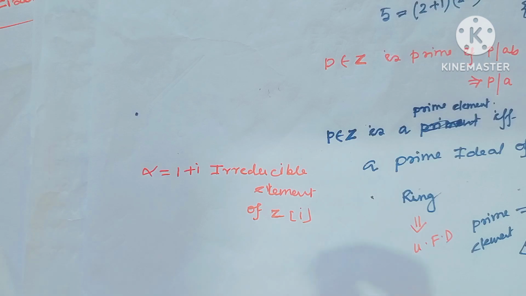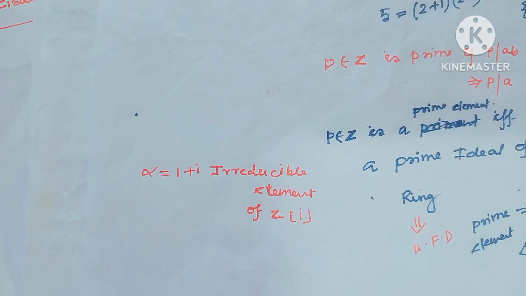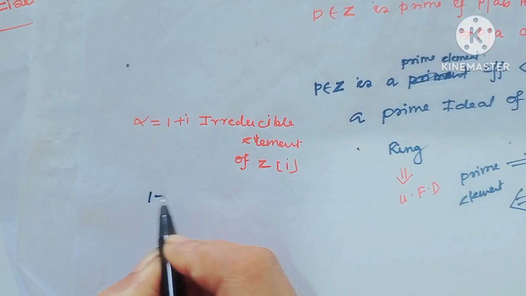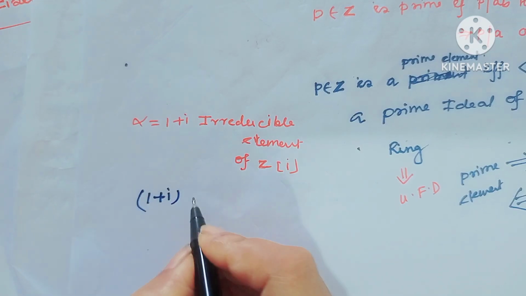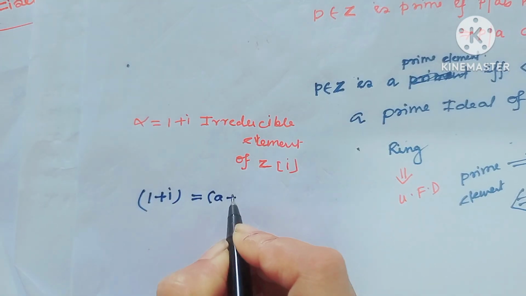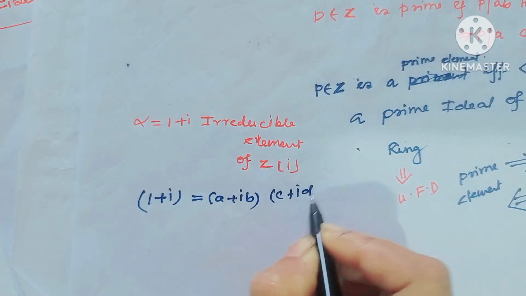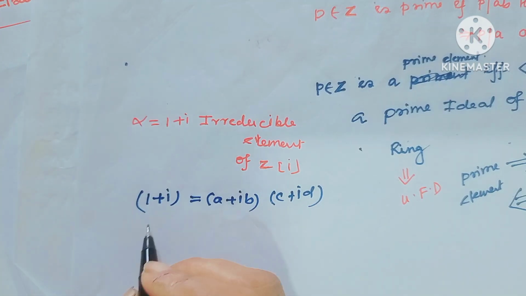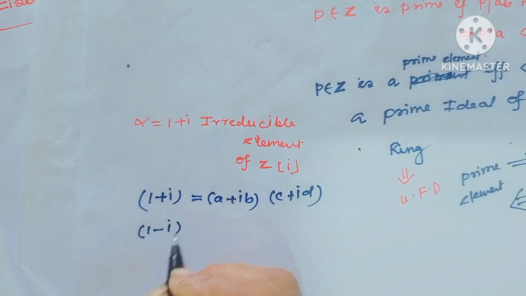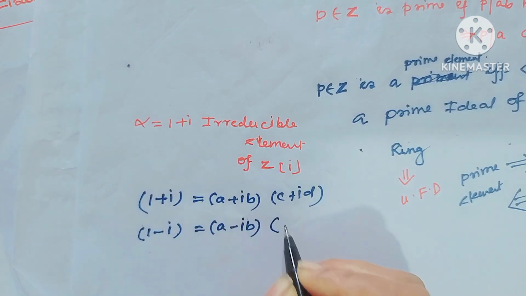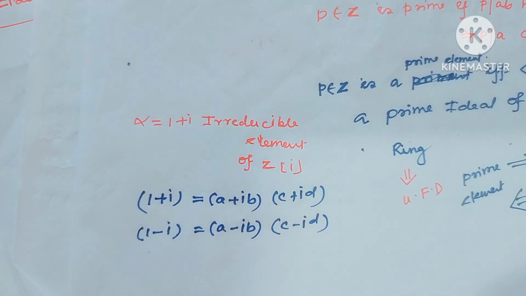Okay. Now let's see, if alpha equals 1 plus i, is this an irreducible element of Zi? Prove it. Consider 1 plus i. We can write this as a plus ib times c plus id, and the conjugate of 1 plus i, which is 1 minus i, equals a minus ib times c minus id.